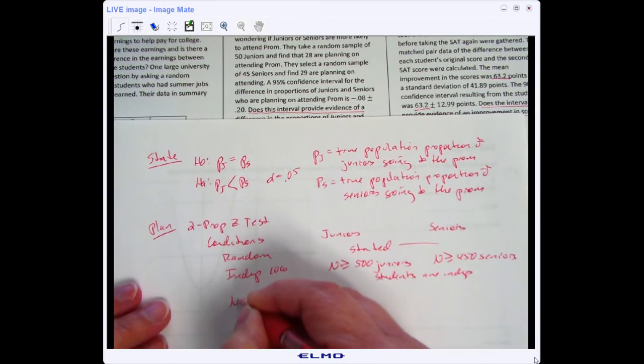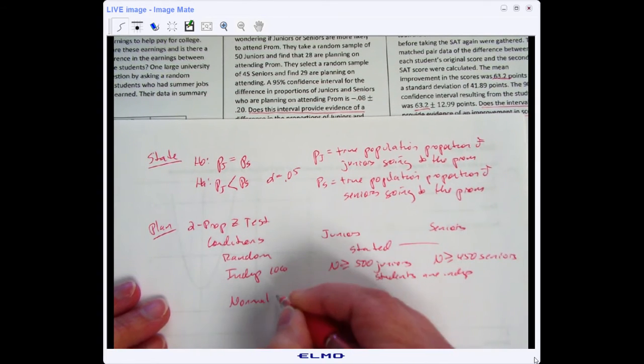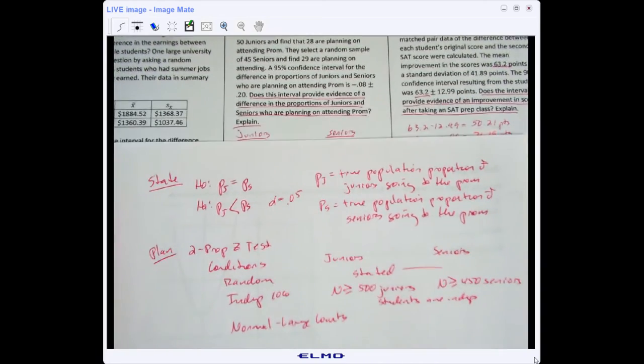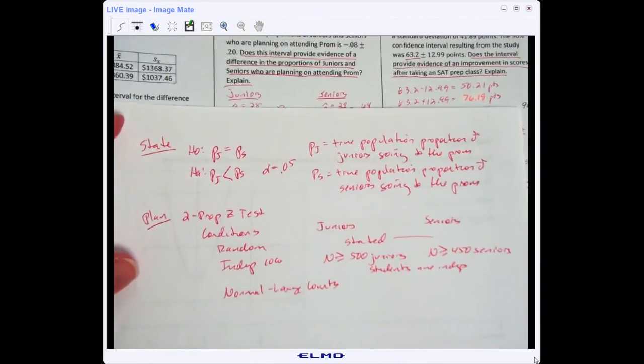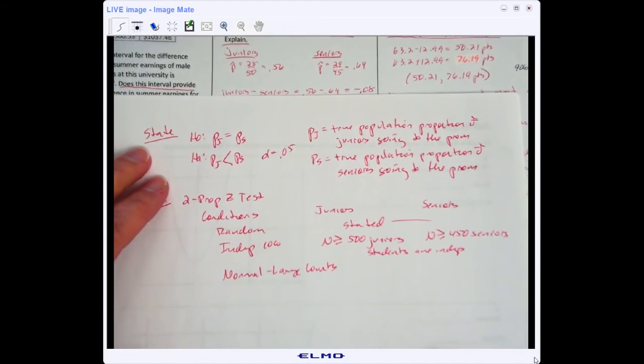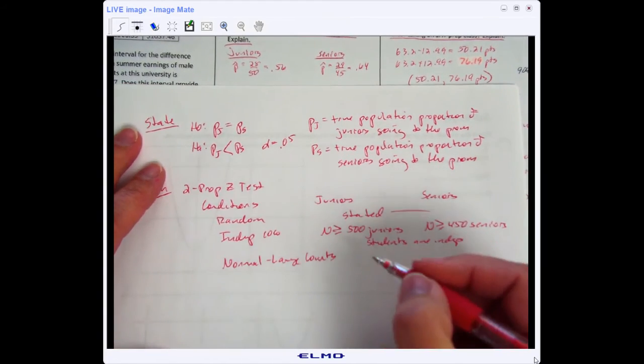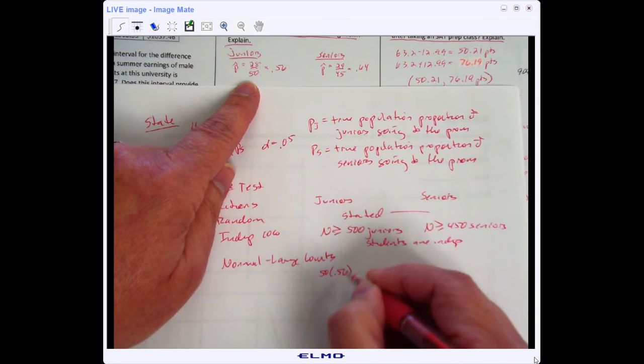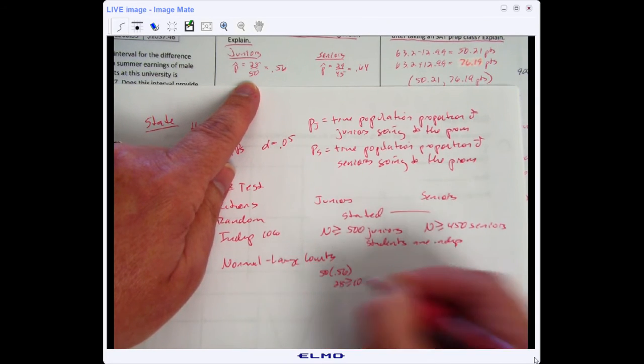And then for normal, I have to do large counts, but I've got to do it twice. Now I don't have a P, you know what I mean? All I have are my two P hats. So I'm going to do my sample size for my juniors times the P hat, and that's 28, that's greater than 10.